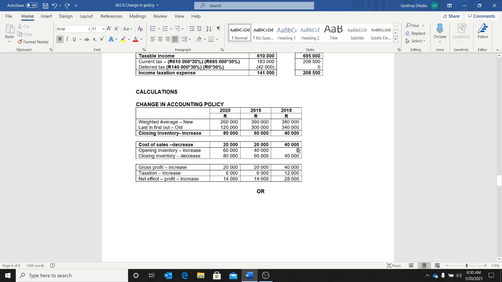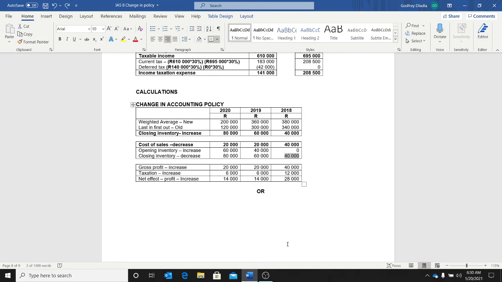Now, because we were not given the opening inventory in 2018, we were just given the closing. So this is a decrease. You can see it's decreasing, closing inventory. But always remember that if something is closing in 2018, it becomes opening in 2019. But the rule is that the sign must change. Remember, when you are doing the calculation for cost of sales, you say plus opening plus purchases minus closing.